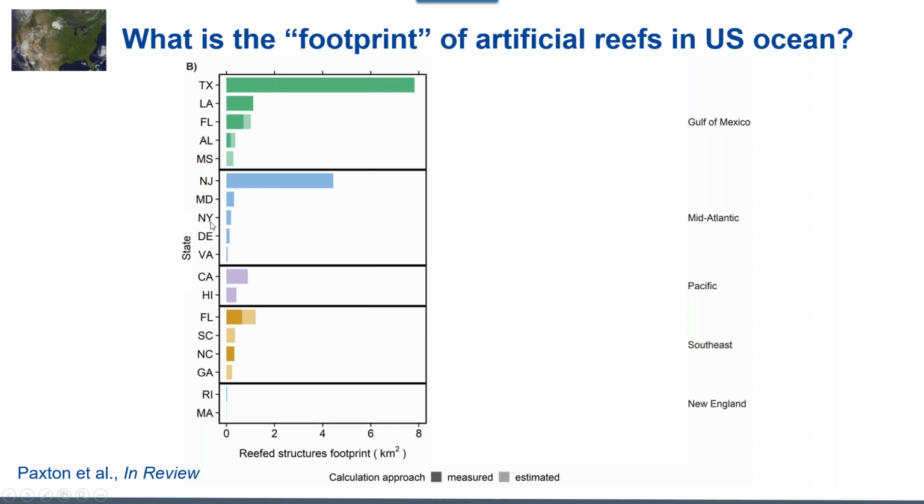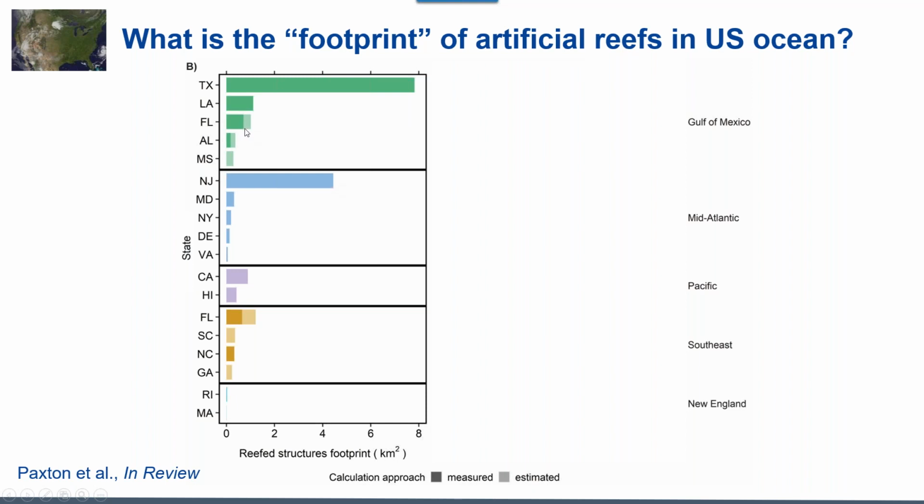And we have the state on the y-axis. The states are organized in terms of their region, Gulf of Mexico, Mid-Atlantic, etc. And so if we come back to what I was beginning to say earlier, Texas has the largest footprint of reef structures at just shy of 8 kilometers squared, followed by New Jersey at just over 4 square kilometers.